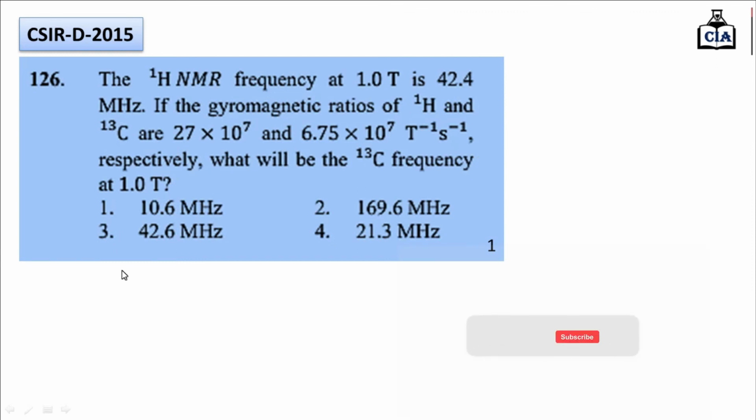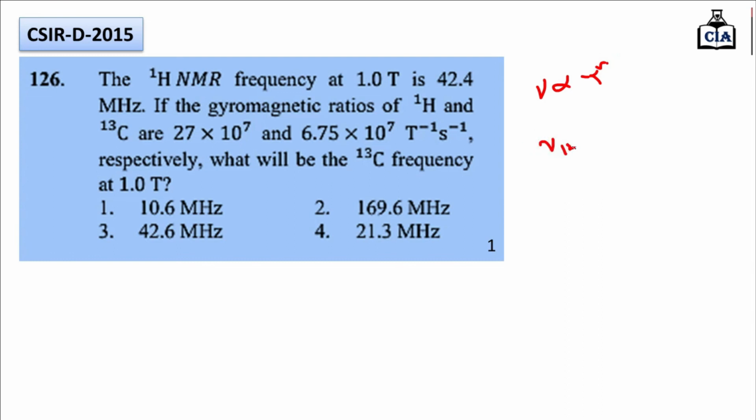Now next question from the CSIR December 2015. In this question they have given the value of gyromagnetic ratio and frequency. The relation between gyromagnetic ratio and frequency is directly proportional. So we just have to find out the frequency of carbon 13 NMR.